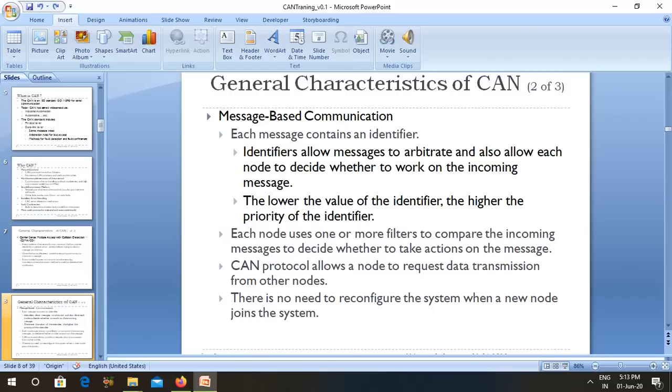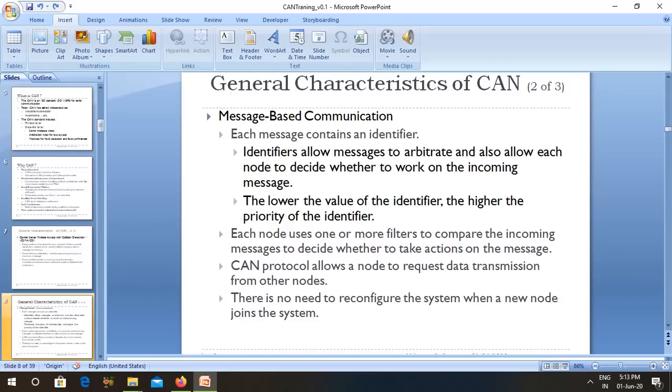There's no need to reconfigure the system when a new node joins the system. So CAN has the flexibility of plug and play. That means all network nodes are connected to a common CAN low bus terminated by a 120 ohm resistor.